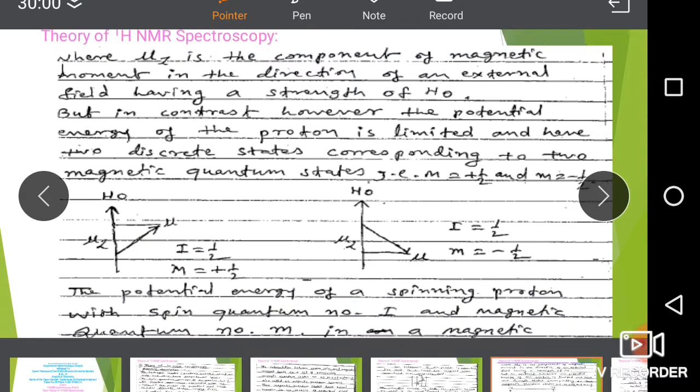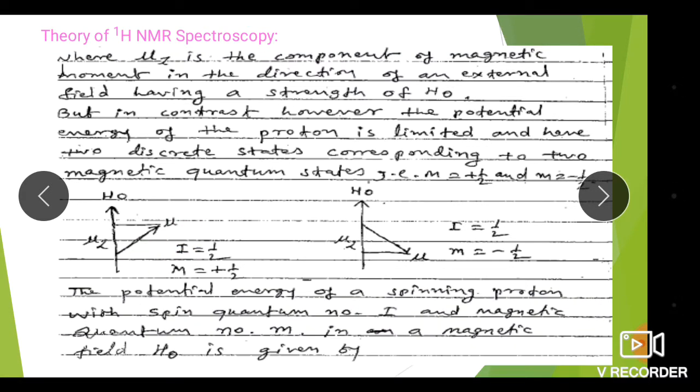With the direction of the applied magnetic field, m is plus half, and opposite to the magnetic field, it is minus half.